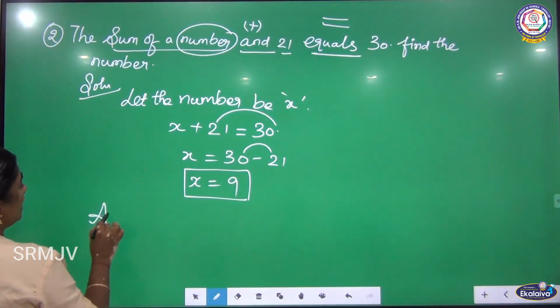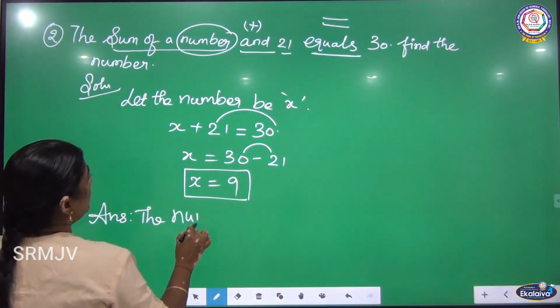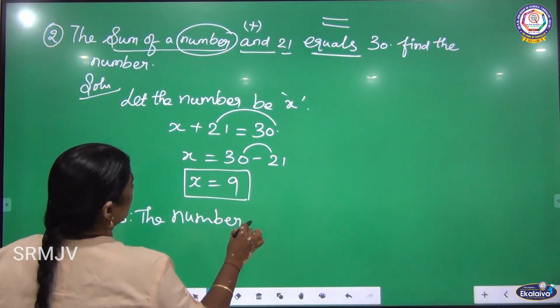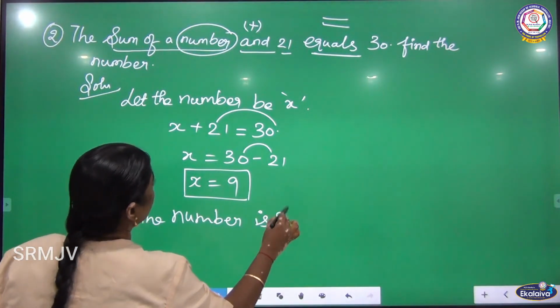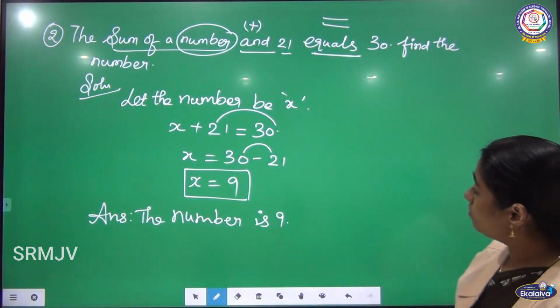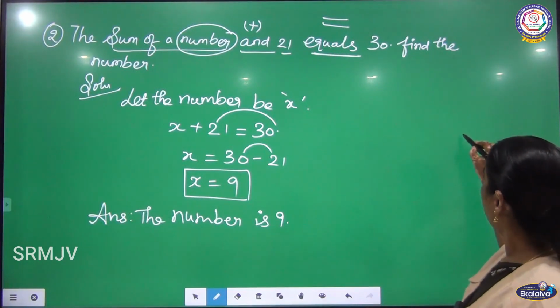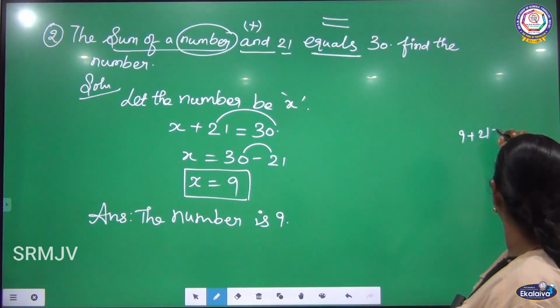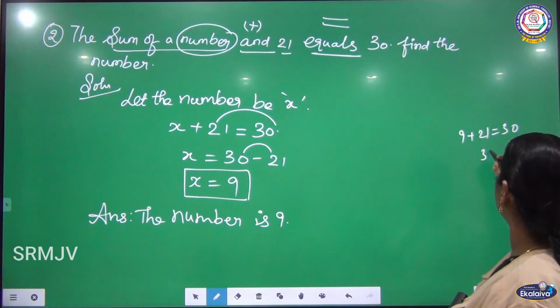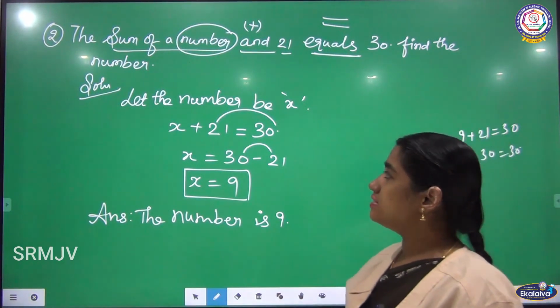Now I am going to write the answer. The number is 9. We can check this. Once you want to find whether the answer is correct, you can check here. Okay, 9 plus 21 is equal to 30. So 30 is equal to 30. So what we find out, it is correct.